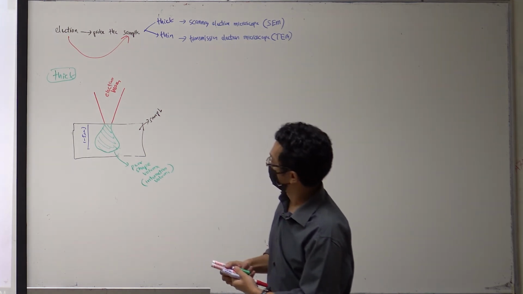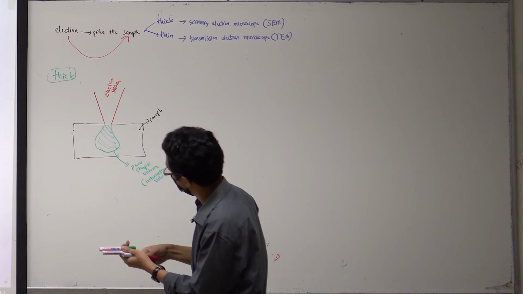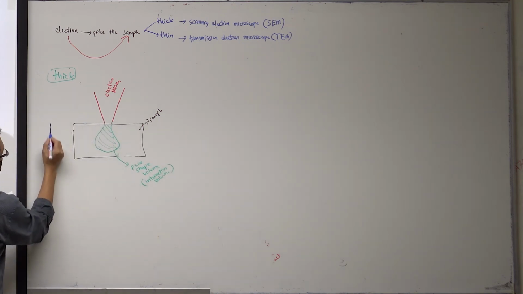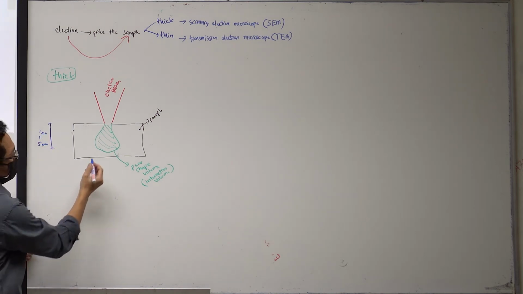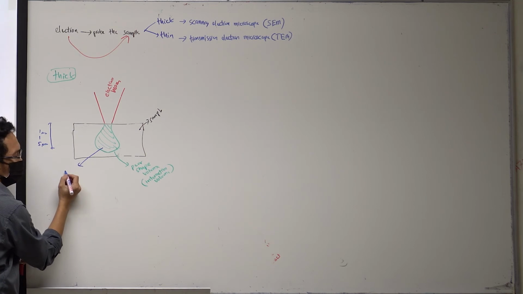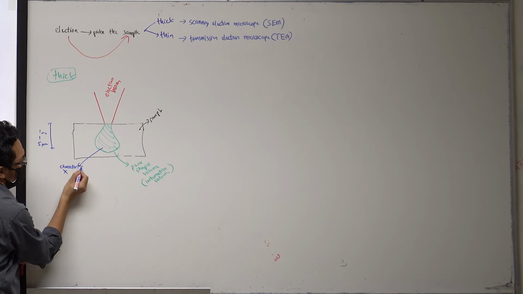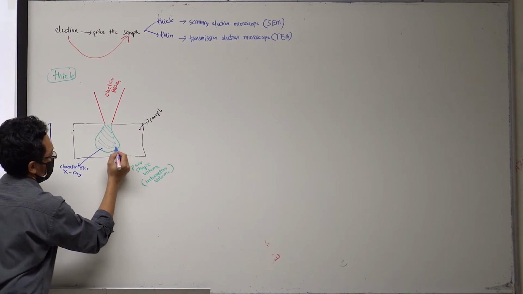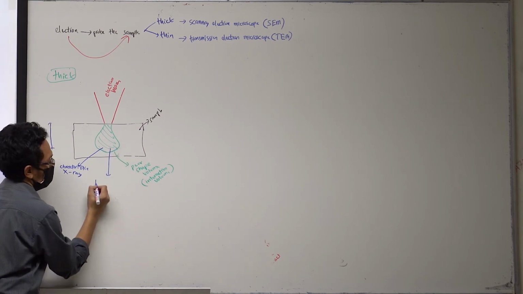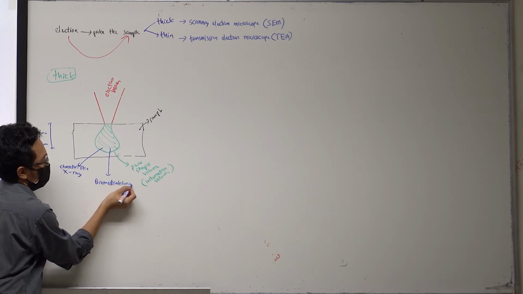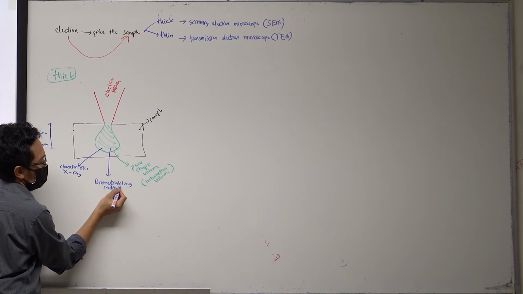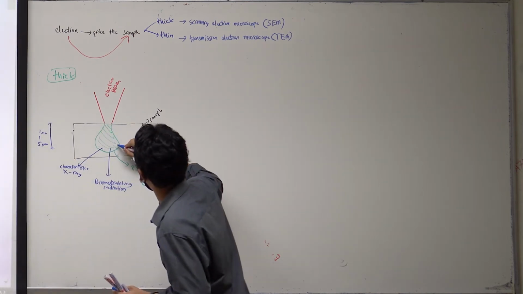Let me draw in blue, around 1 to 5 micron. What will happen is that it will give you, as we learned before, characteristic X-rays, Bremsstrahlung radiation, and also heat.